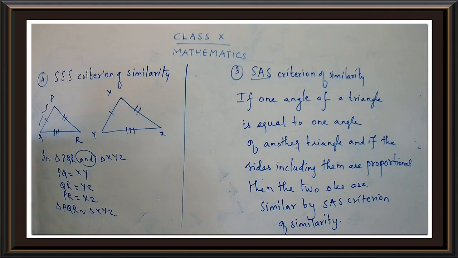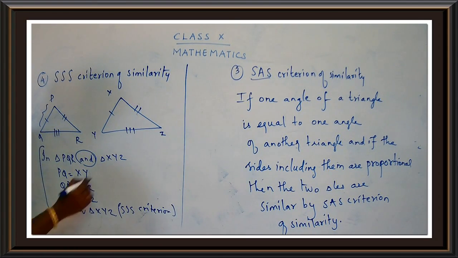Okay, children? So here I will say triangle PQR is similar to triangle XYZ by SSS criterion of similarity. I am giving you this so you should be able to use this in our problems. We have to write in this manner. We have to prove the triangles to be similar. So you have to consider the given triangles, then write down what is given to you, and finalize the type of criterion.